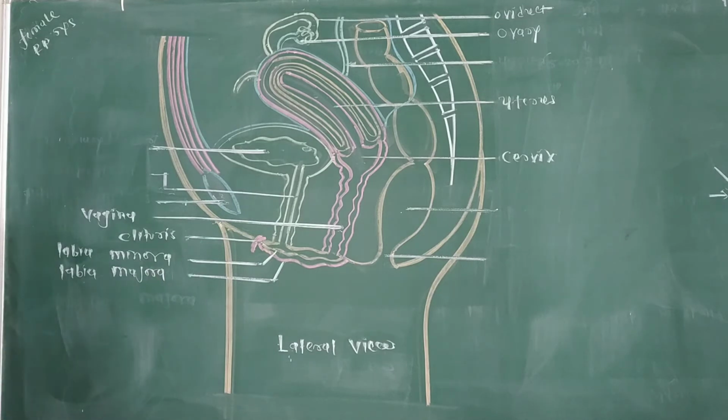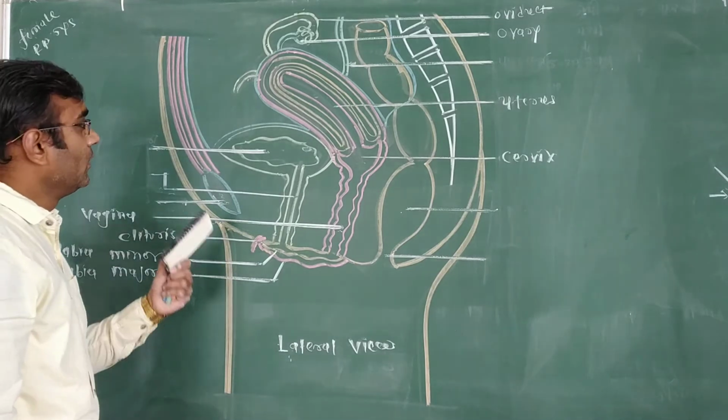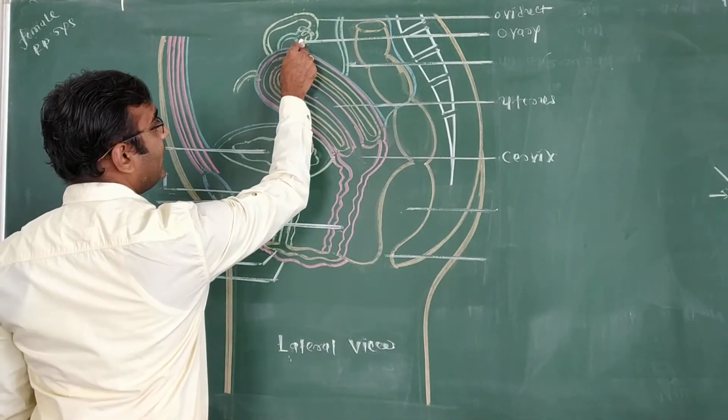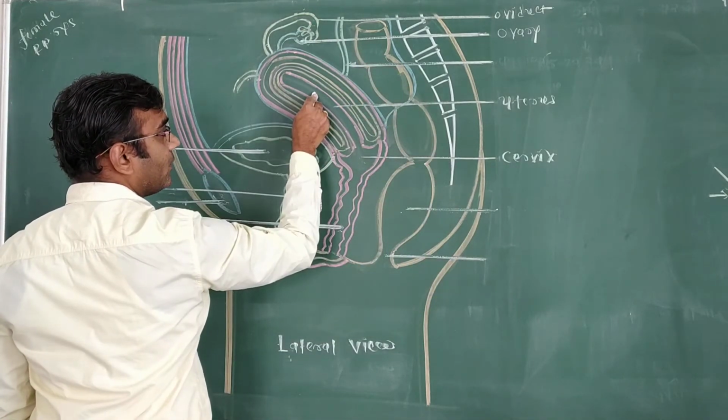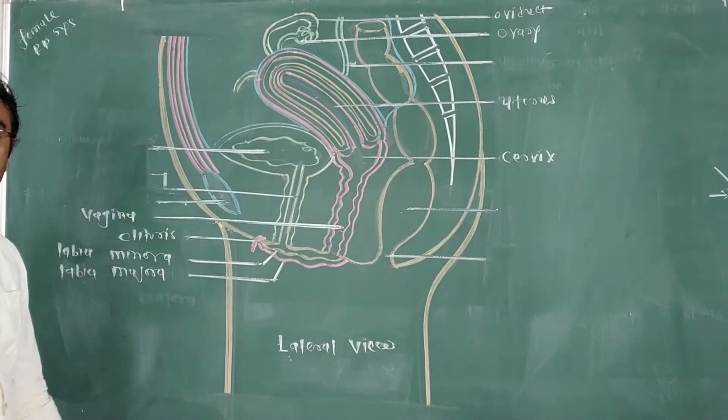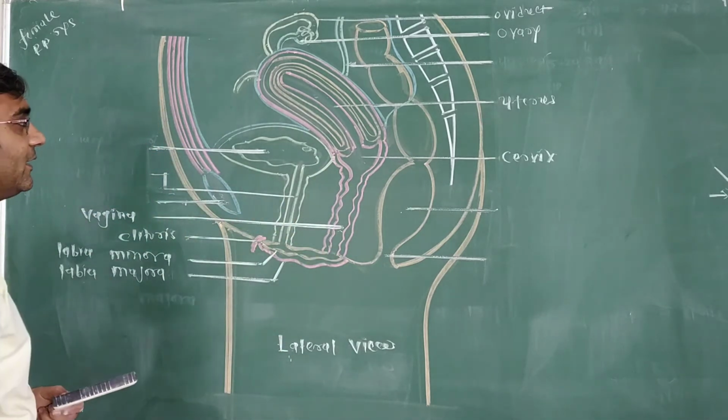So the female reproductive system is made up of the ovary, oviduct, uterus, cervix, vagina and pudendum or vulva or external genitalia.